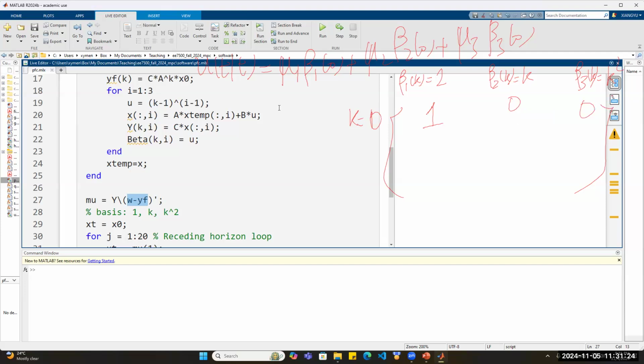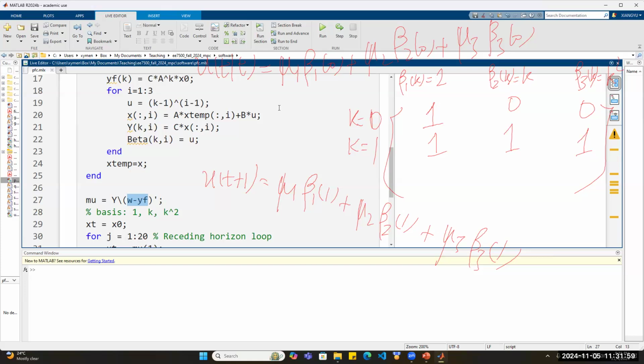This is the time when k is 0. When k is 1, this will be u(t+1). Then we still have mu 1 basis 1(1) plus mu 2 basis 2(1) plus mu 3 basis 3(1). So in this case, k is 1, therefore we have 1, 1, 1.